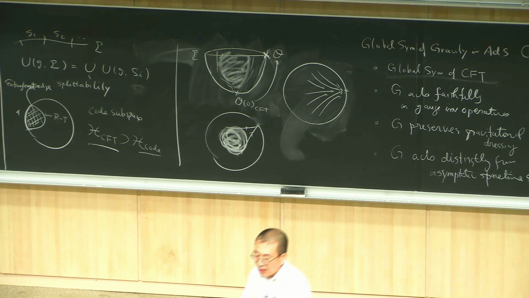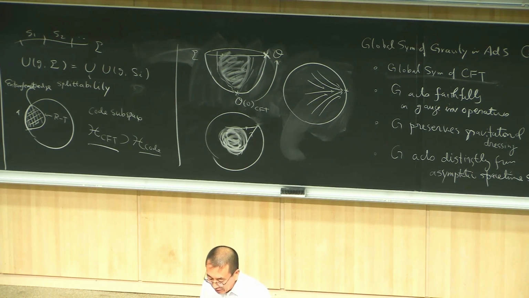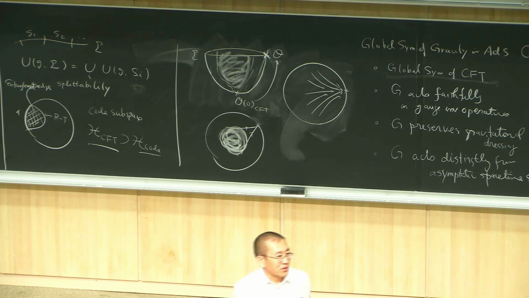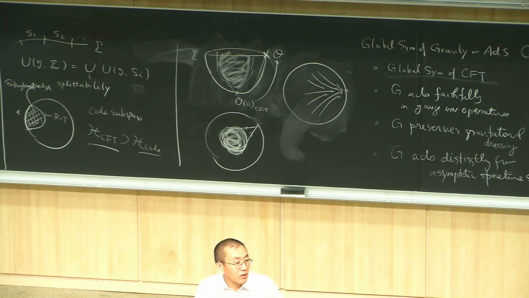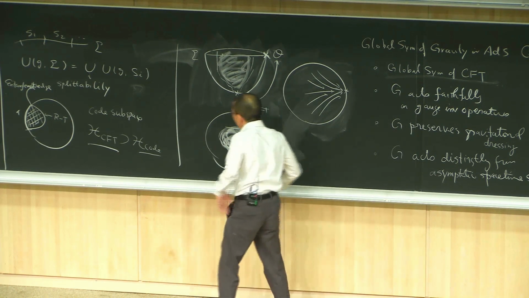So I hope you agree with me that all of these are entirely reasonable requirements that we impose on global symmetry in the gravitational system. So now I would like to show that such a thing does not exist. Okay? So here's an argument.